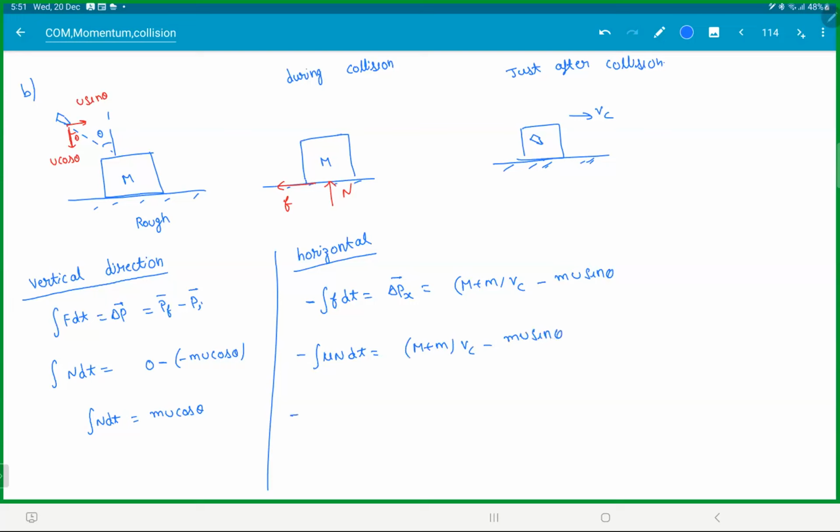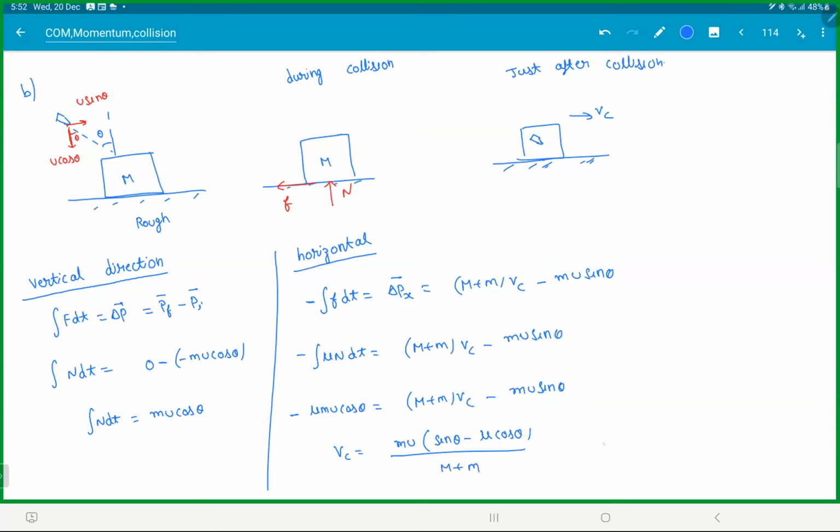And I know integral N dt is m u cos theta. So from here we get v common is equal to m u sin theta minus mu m u cos theta by (M plus m). This would be the velocity.